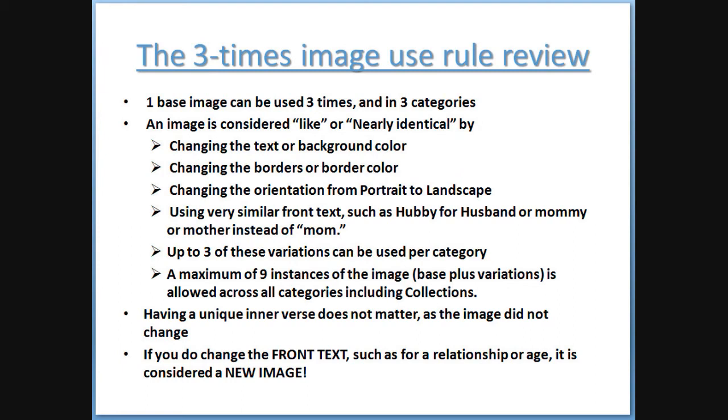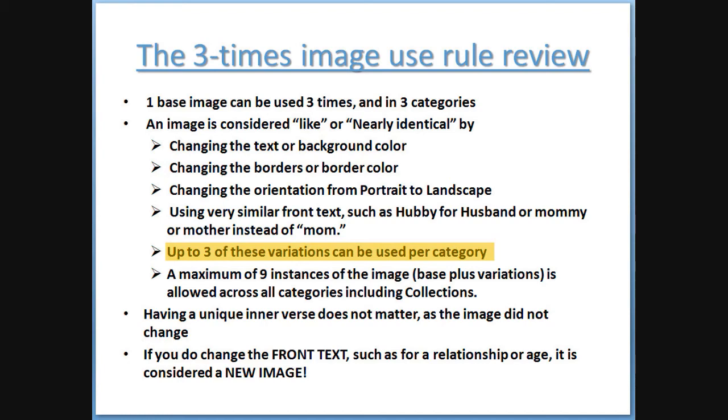So let's review. One base image can be used 3 times and in 3 separate categories. An image is considered like or nearly identical if you just change the text or the background color, change the borders or the border color, change the orientation from portrait to landscape or from landscape to portrait, or if you use similar text, such as the word hubby instead of husband, or the words mommy or mother instead of mom.